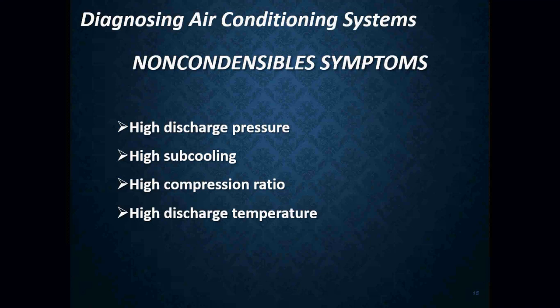Subcooling is also going to be high because the high head pressures cause a greater temperature difference between the liquid temperatures in the condenser and the ambient temperature. Okay, so a symptom of non-condensables is going to be high head pressure or high discharge pressure. You're going to have high subcooling. Your compression ratios are going to be high, and you're going to have high discharge temperatures.